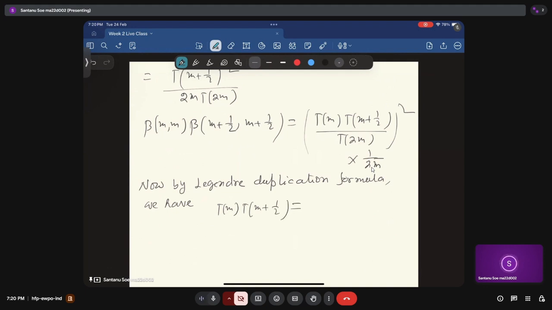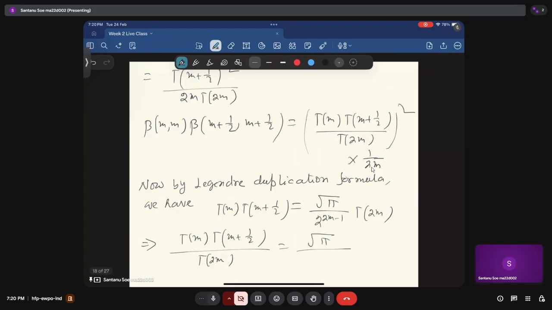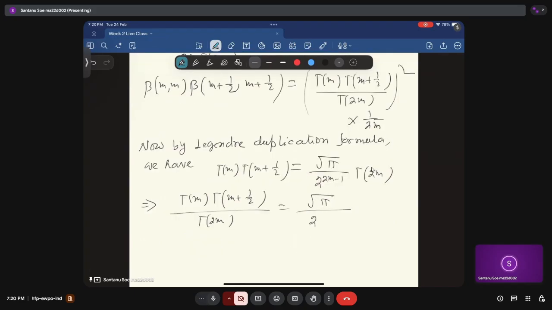This is the same as square root of pi divided by 2 to the power 2m minus 1 times gamma of 2m, or in other words gamma of m into gamma of m plus 1/2 divided by gamma of 2m equals square root of pi divided by 2 to the power 2m minus 1.